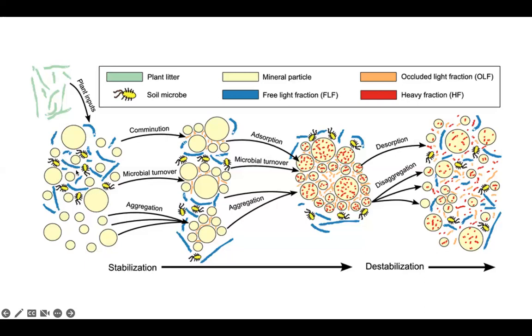the bacteria releasing these gluey substances, fungi growing in long strands or threads that again pull particles together, and little soil insects and earthworms who are also channeling and tunneling. As they tunnel through, they're pushing soil particles closer together and facilitating this aggregation process, aggregating soil particles together to form not just micro aggregates, but larger macro aggregates.